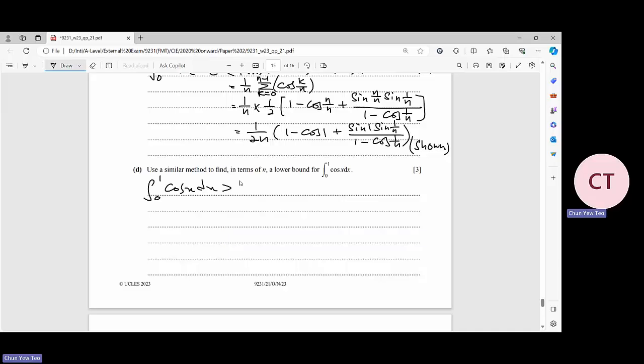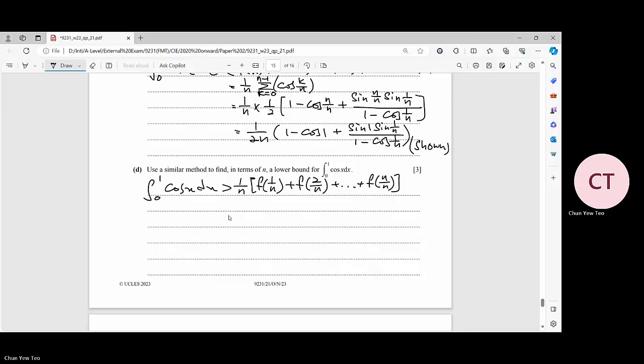So you just need to write it down like this: f1 over n plus f2 over n plus until fn over n.